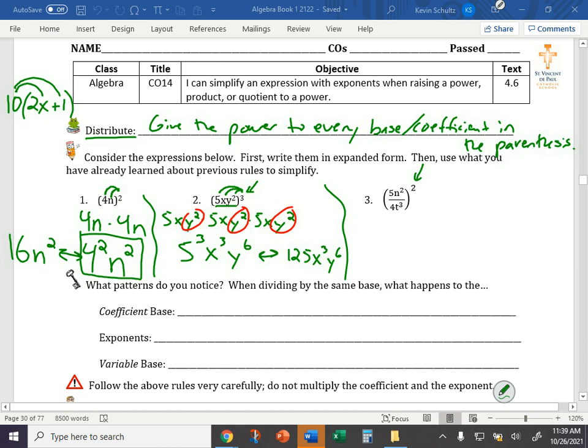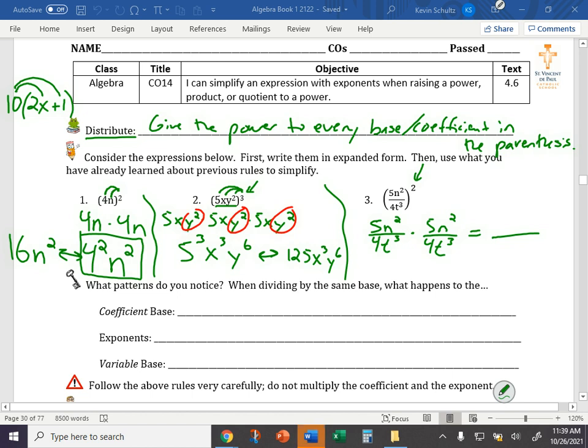So in expanded form, this is going to be 5n squared over 4t cubed times itself, 5n squared over 4t cubed. Okay? It's a good thing we know how to multiply fractions. 5n squared times 5n squared. What do we get?